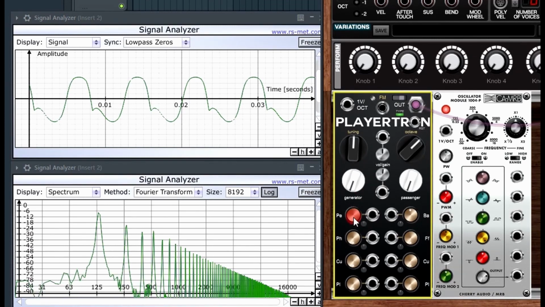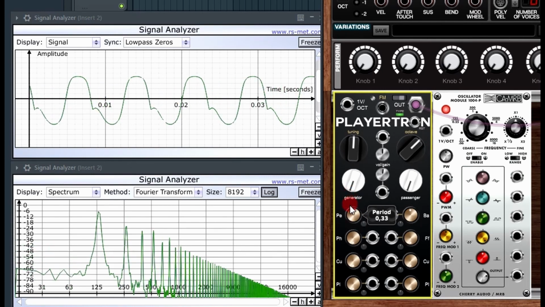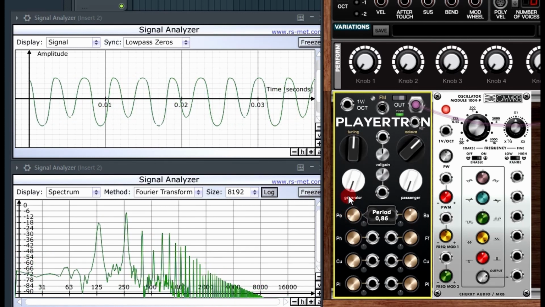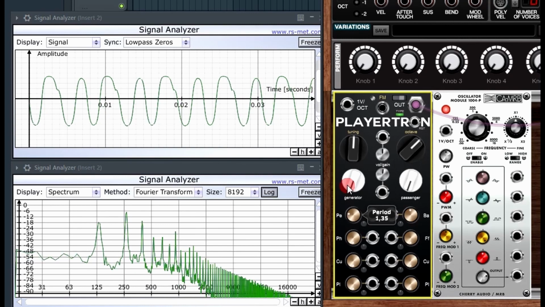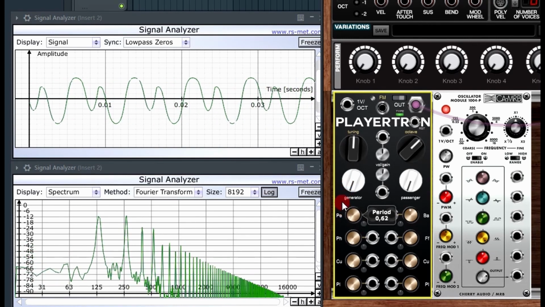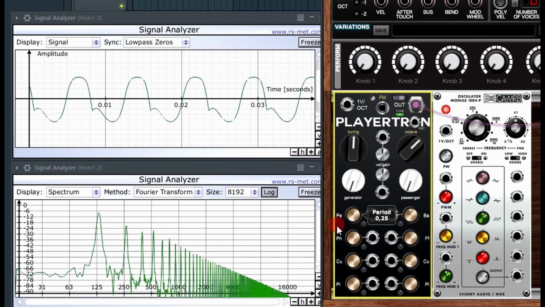At first, the edge in the shape here, this edge here, and here, and here, the edge in the shape develops into a sinuous wave of its own, and the second partial in the spectrum gets stronger.